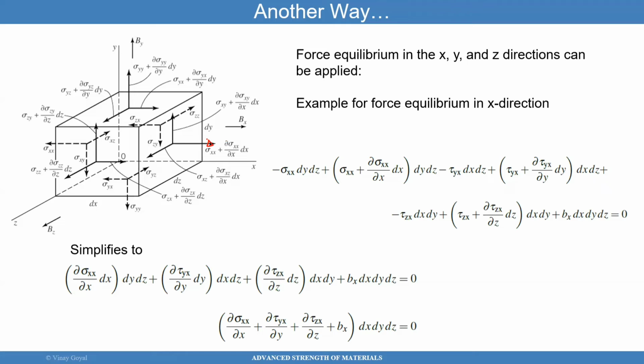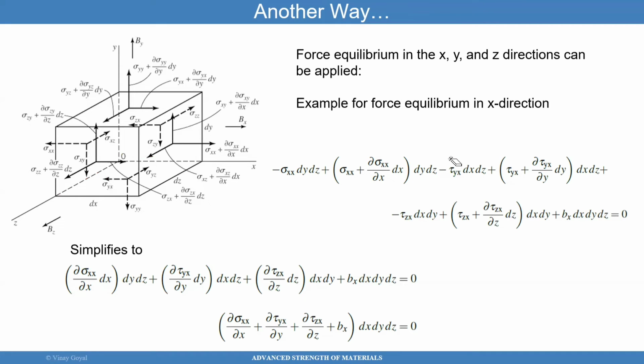Now I'll keep summing forces. What you see here is I have this one on the bottom. That stress has to be multiplied by the area, which is dz and dx, and that's what you see there. That gives me a force moving to the left, which is y negative.